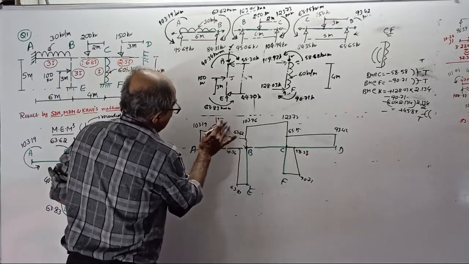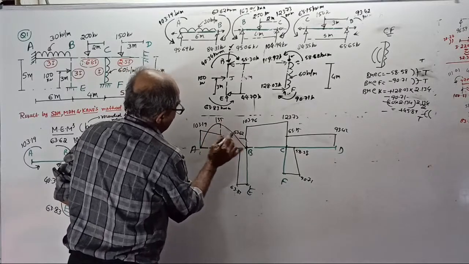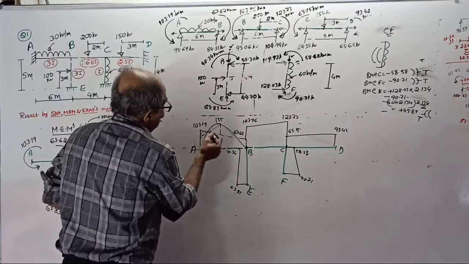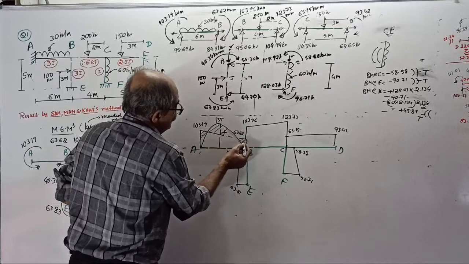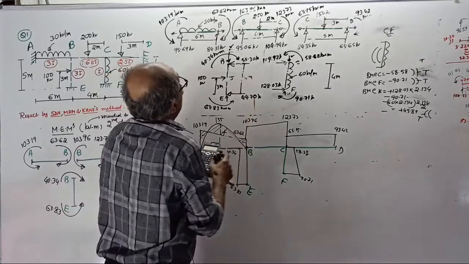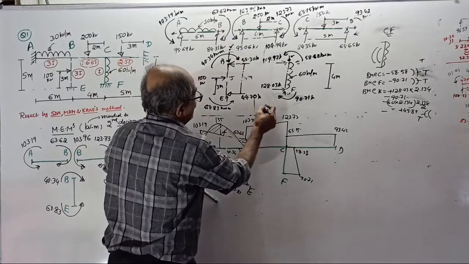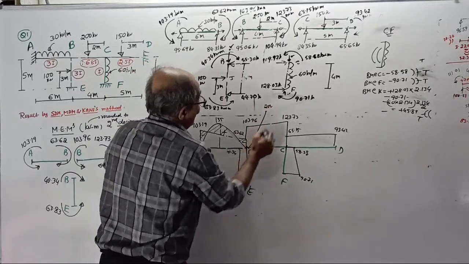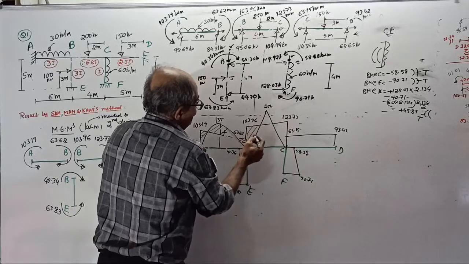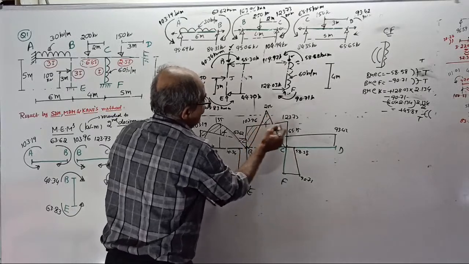Some will say, sir, this is how you are drawing; it will not come out smoothly. Okay, leave it, no problem. Now negative, positive, negative. Here central load WL by 4: 200. See how fast it is. This full is 200.